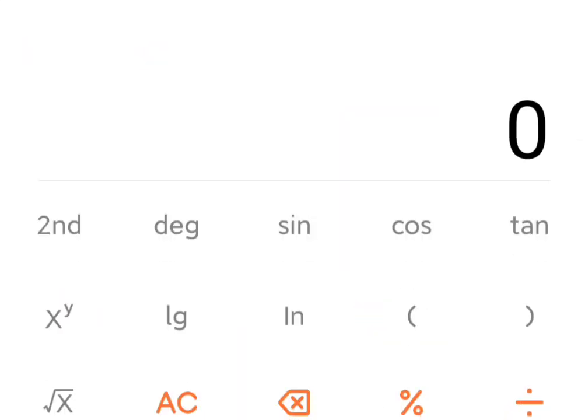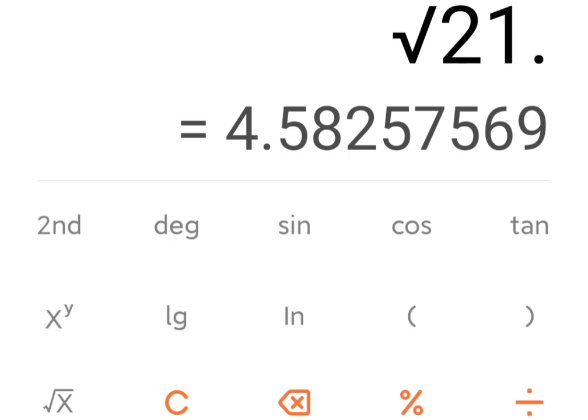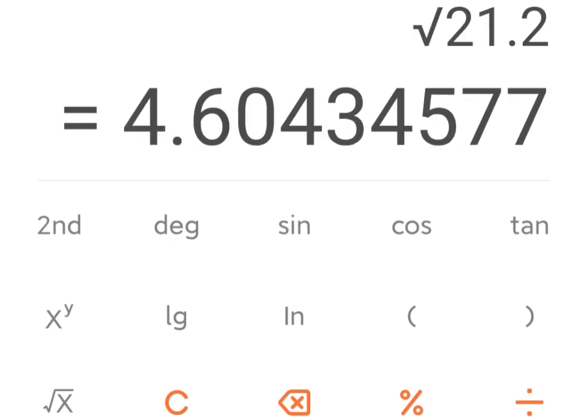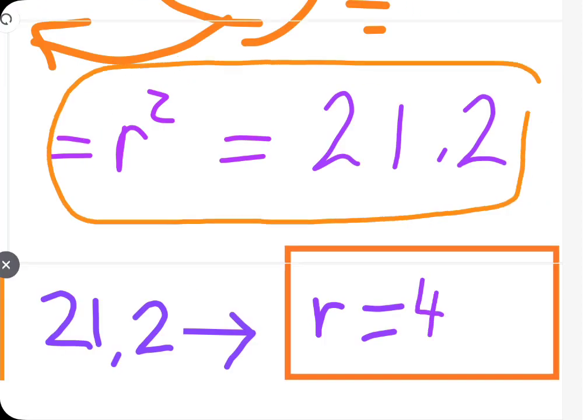As I told you, this button is called the square root, and it's the opposite of square. Now, we use this button, and then we put 21.2, and we push equals, and the answer will be 4.6. Now, let's go back. So, r will be 4.6 centimeters. Don't forget the unit.